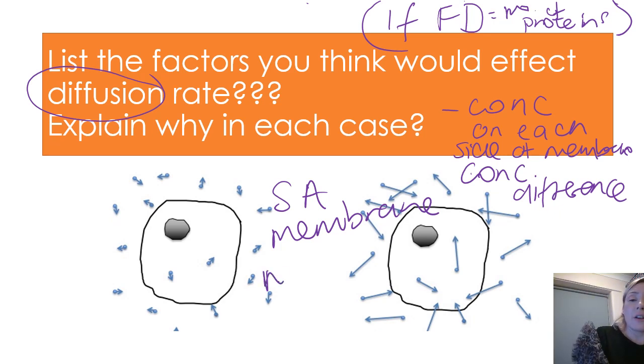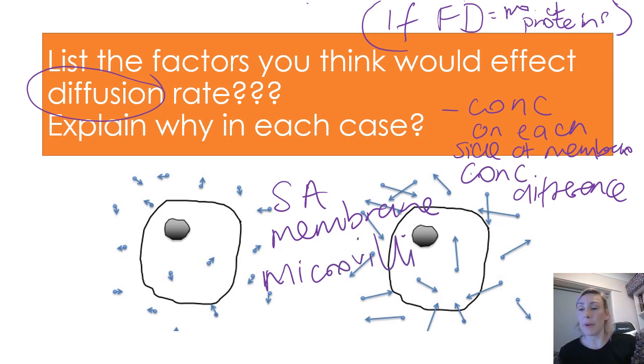We met this already with the microvilli as a structural adaptation of the cell membrane, and also the cristae of the inner membrane of the mitochondria, again folded to give a large surface area. In that case it wasn't for the movement of molecules, it was for the presence of some other kinds of proteins that we'll meet next year.